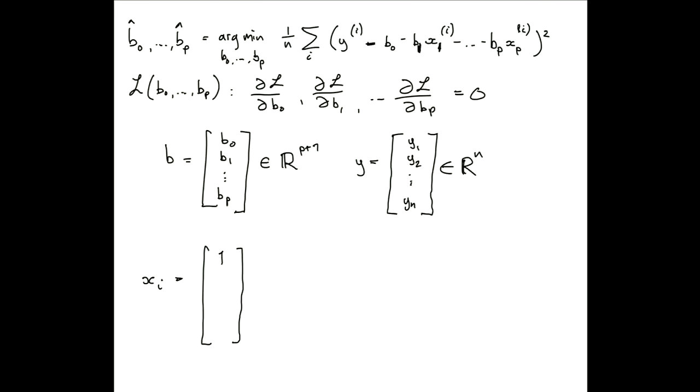We've actually only got p components of the data point, but we have one extra for the offset parameter. So we set that to the constant value 1, and then we have xi1, xi2, up to xip. And that is in R what? P plus 1.